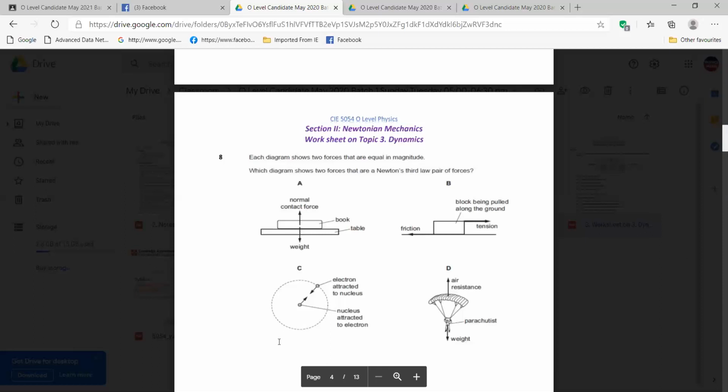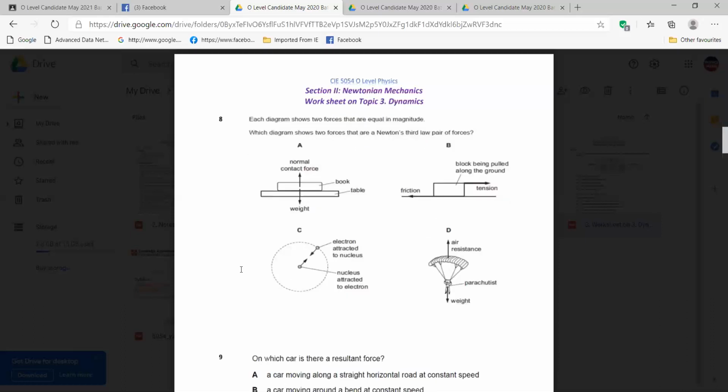Sir, can you just confirm the answer, because there are two objects and two forces, both opposite to each other. Yes. Okay, okay.